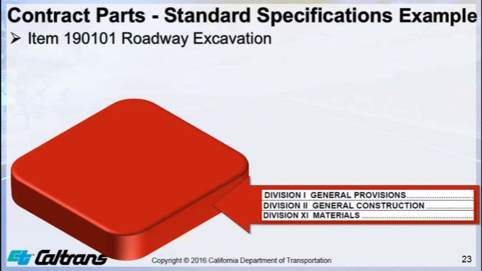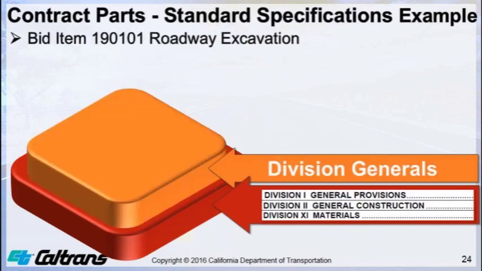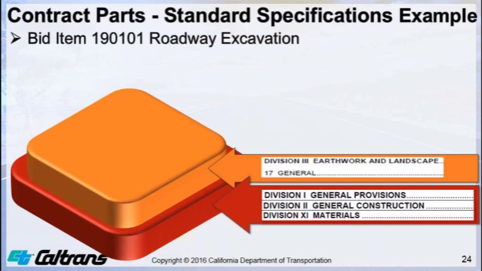The general divisions are Division 1, General Provisions, Division 2, General Construction, and Division 11, Materials. Section 19 is in Division 3, Earthwork and Landscape. For Division 3, Earthwork and Landscape, Section 17, General, is the general section for this division, and it applies to all the sections within this division.